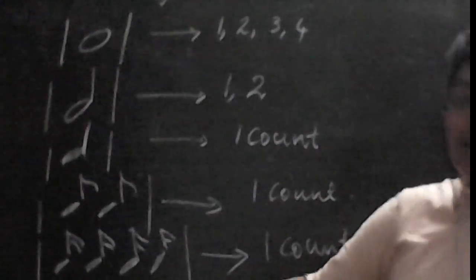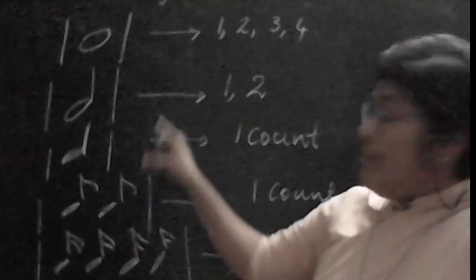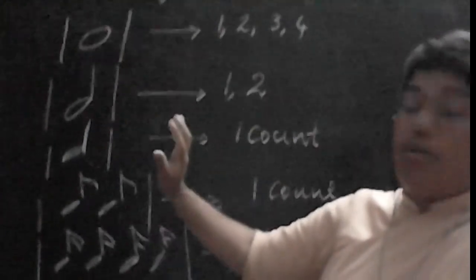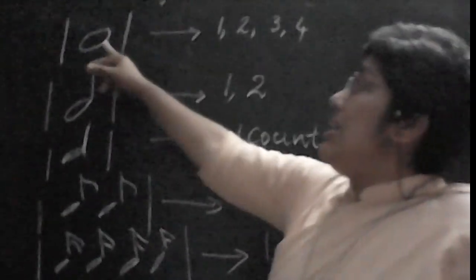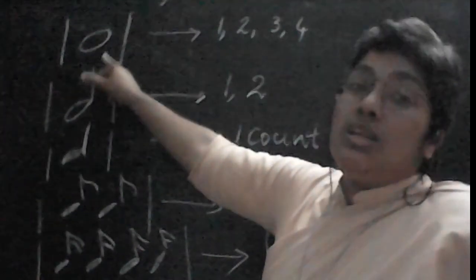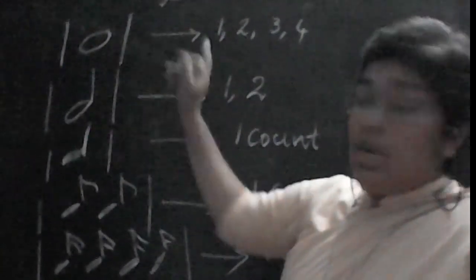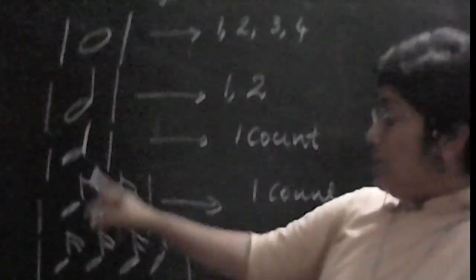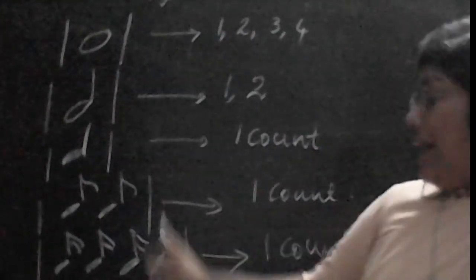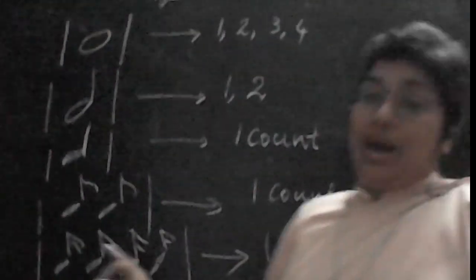So you will be given in a song, if it is 4 by 4, you will be able to find like this in 1 bar, or this kind of 2 in 1 bar, or this kind of 4 in 1 bar, or this kind of 8 in 1 bar, and this kind of 16 in 1 bar.